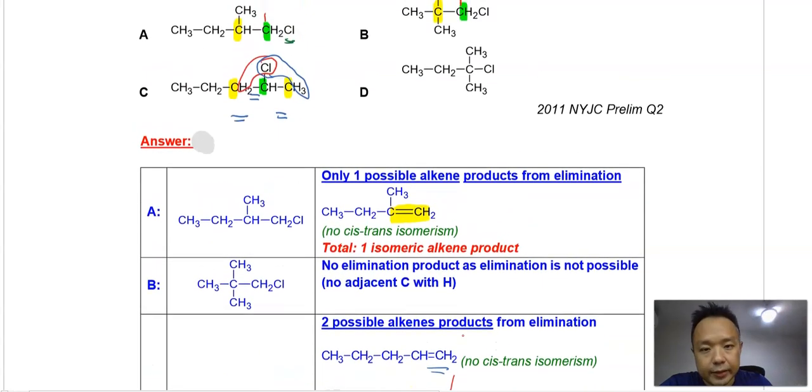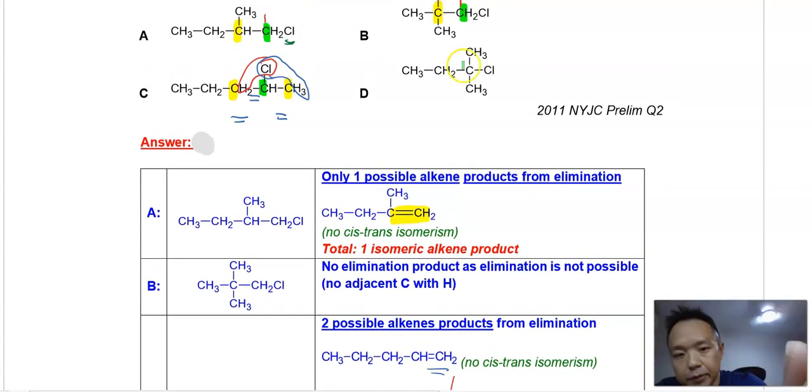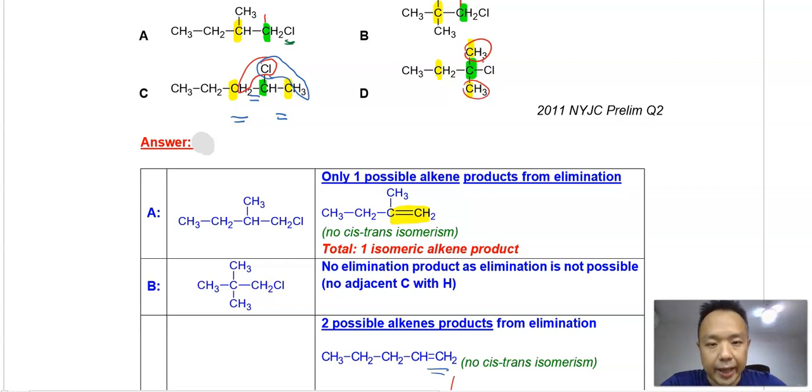Let's take a look at D then. In D, this is the carbon with your halogen. There are 3 adjacent carbons with hydrogens. But take note, these two methyl groups are the same, because no matter how you eliminate, you will get a terminal alkene.